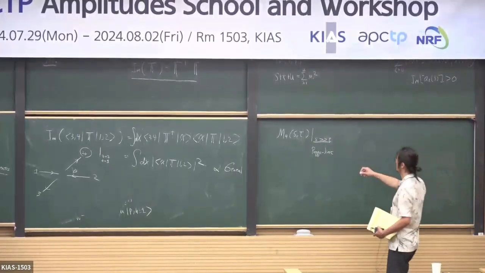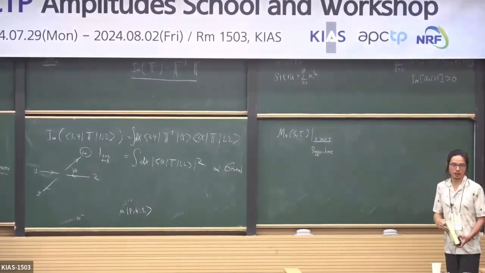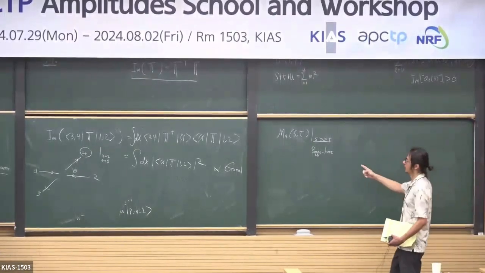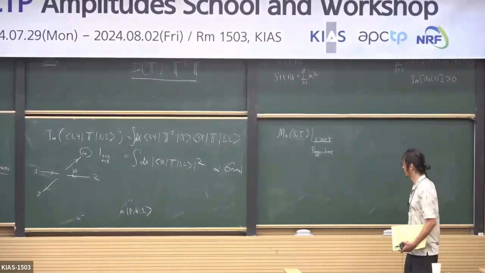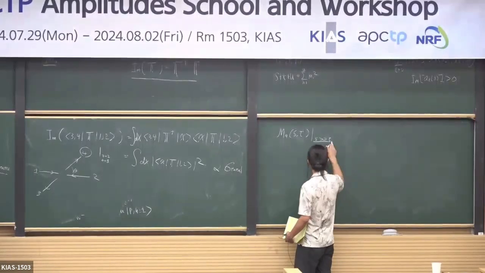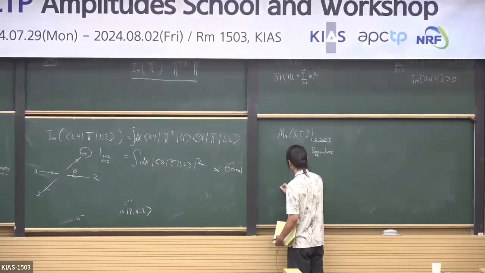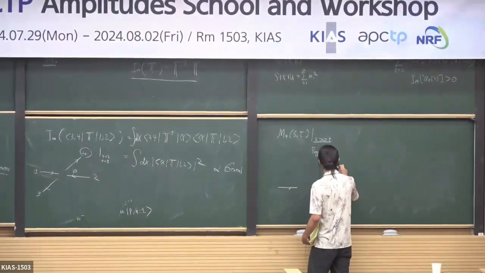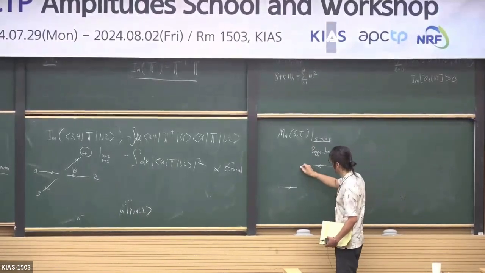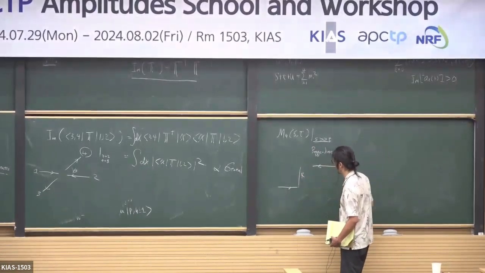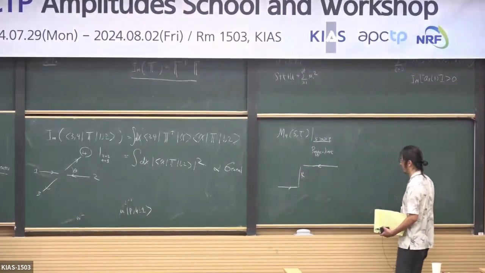So what do we know about this function? There's actually a very simple argument that tells you this function is bounded as s goes to infinity in this limit. How do you see that? Since we're near the forward limit, t equals 0, we're in some sense doing large impact parameter. You can imagine two things scattering, with the impact parameter, or the separation, labeled by r.